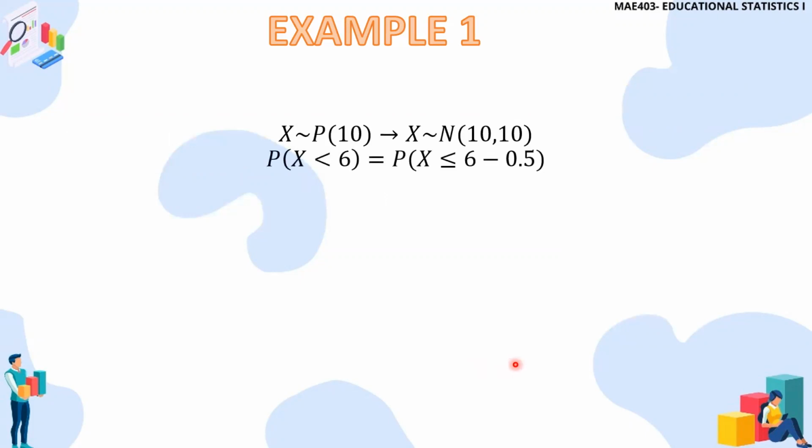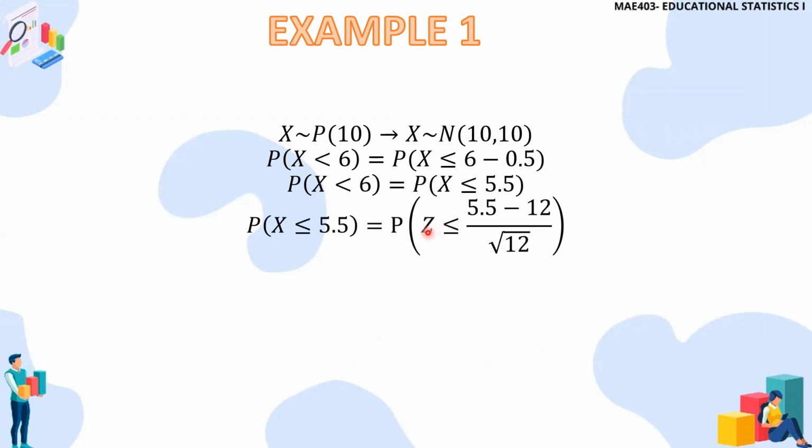So the first question: the probability that the number of worms is less than 6. By using the continuity correction, 6 minus 0.5, you need to find the probability X less or equal to 5.5.